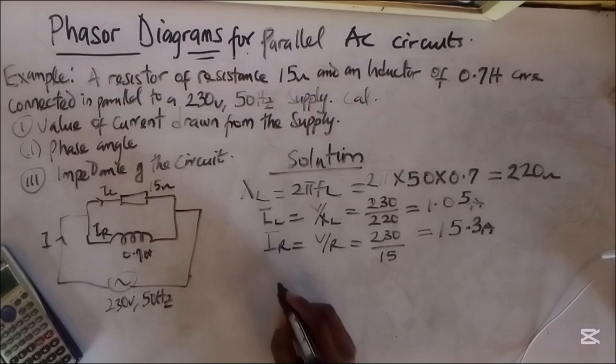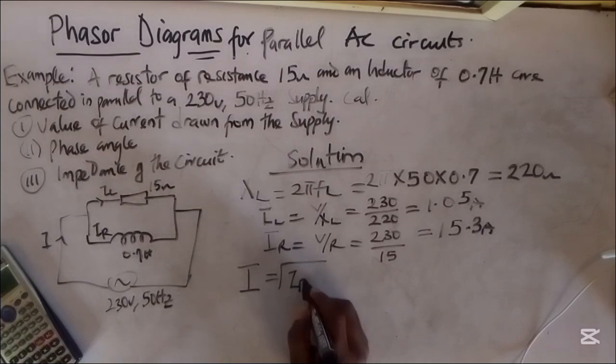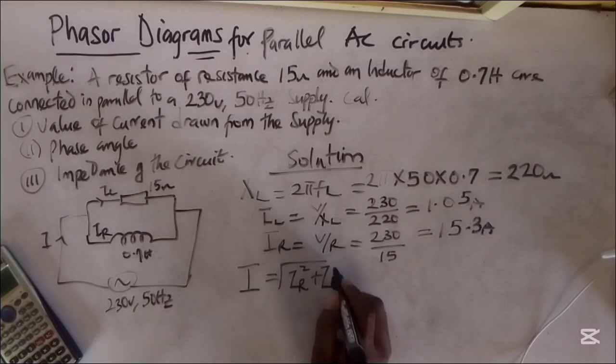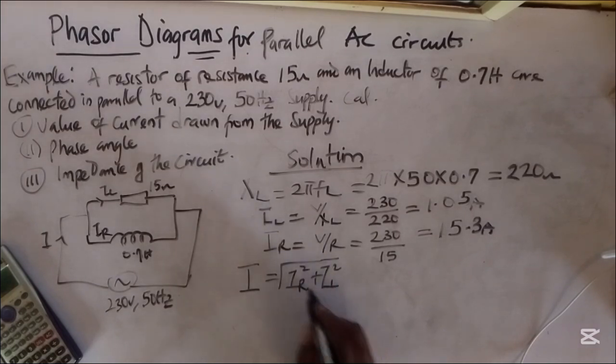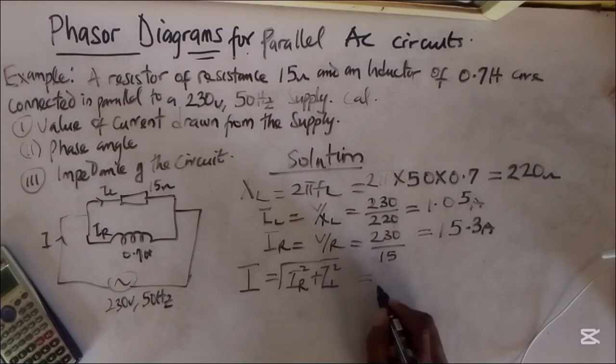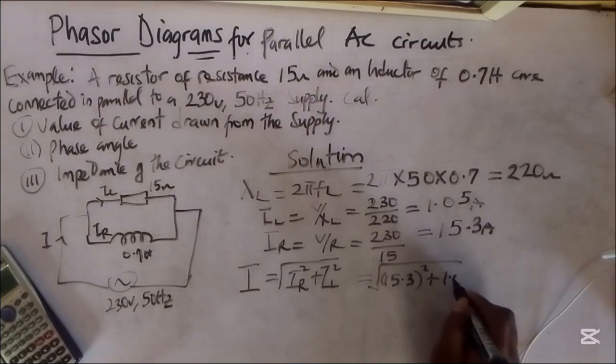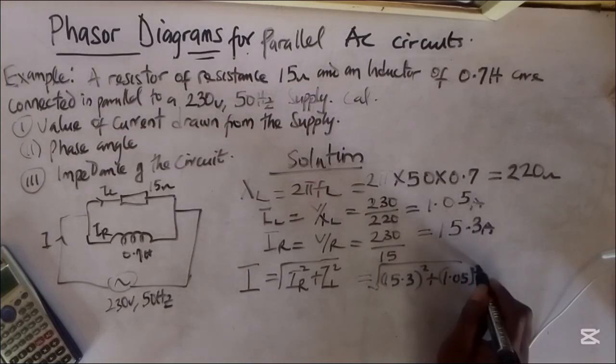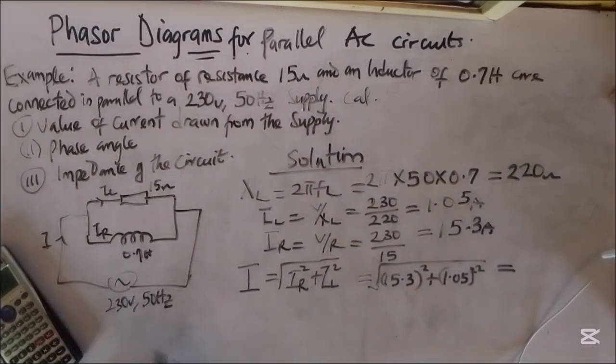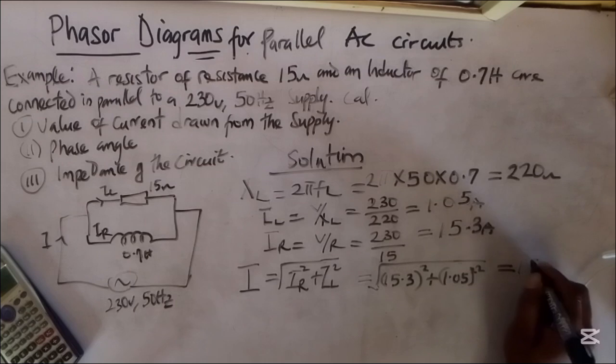Since we have our values for IL and IR, we can easily compute for our I. From the formulas we got from our phasor graph, we agree that I squared is the same thing as the root of 15.3 squared plus 1.05 squared, and that should give us 15.3.